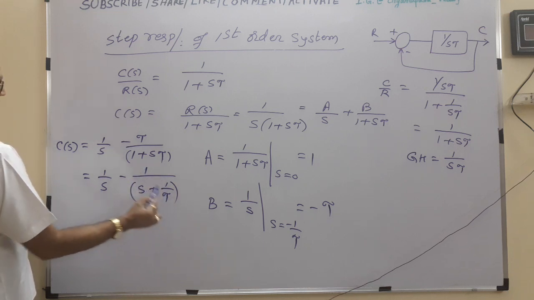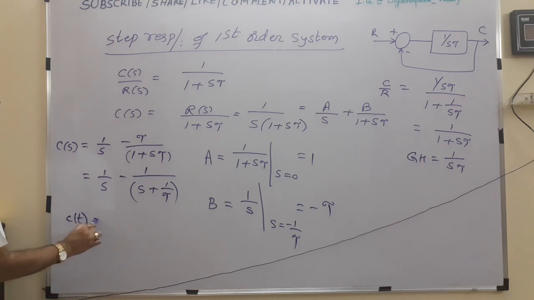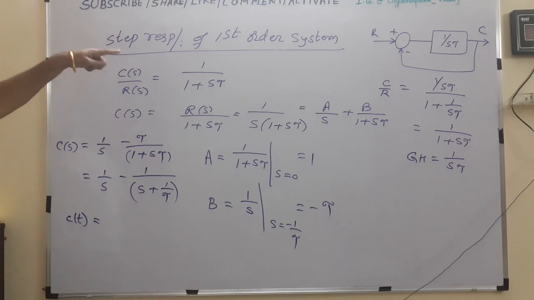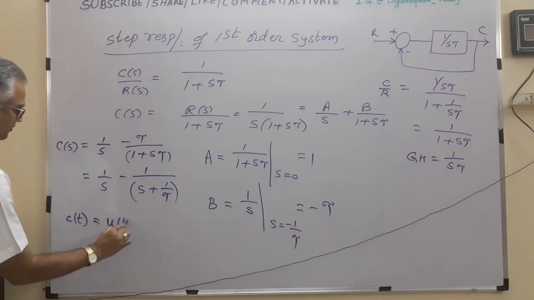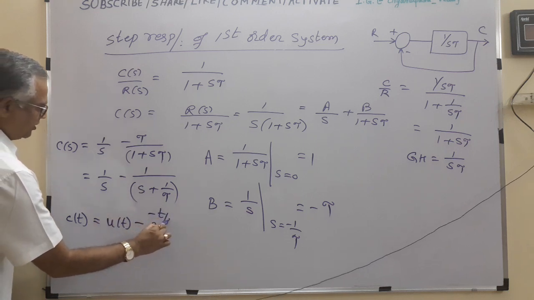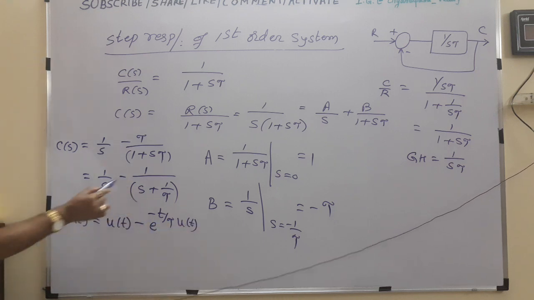What we want is the response, C of t, the inverse of this. Step response of first order system. So we get U of t minus e power minus t by tau U of t. So this is the step response.